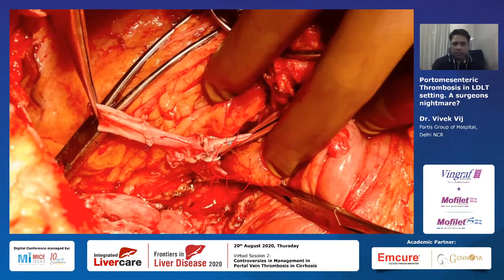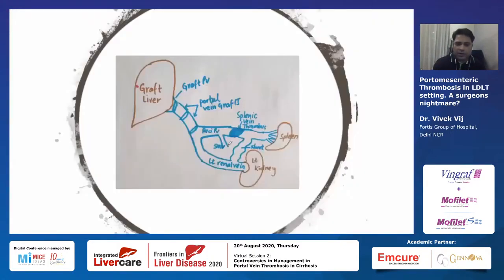So you can do multiple things if you have a map in hand of all the collaterals, thrombosis, and site of thrombosis, and with just a small imagination, you can actually create a lot of scenarios. So here the same thing, SMV, splenic vein thrombosis. So this was draining into the renal vein.